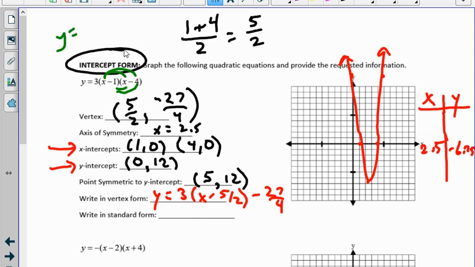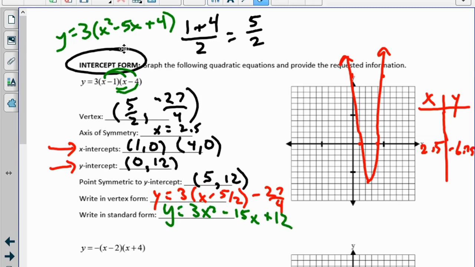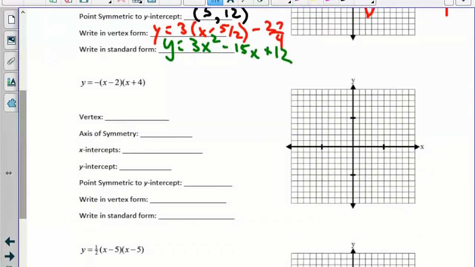I get y equals 3 times x squared minus 5x plus 4. And then I distribute the 3 in, so I get y equals 3x squared minus 15x plus 12. And that squared looked a little bad, so I'll try that again. Okay, that's problem 1.